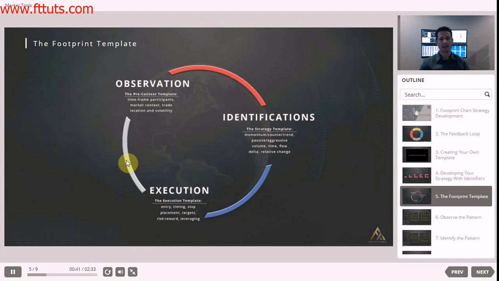Now, let's view each one of these sections on its own and have a look at some of the identifiers within each section. So under the observation, we have 2 sub-indexes. The first is obviously pre-context and precondition. So this is the state that you want to find the market in. It's the market conditioning, or the trade location, or the market context. This is the kind of thing you want to be thinking of in terms of observation.